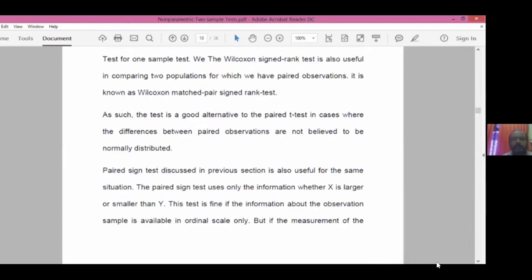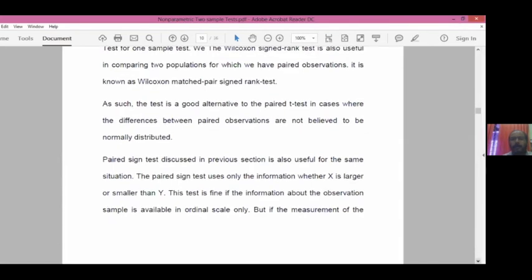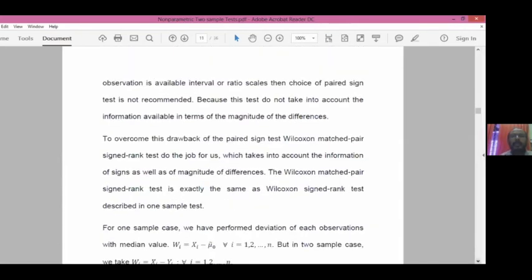The paired sign test uses only the information whether x is larger or smaller than y. This test is fine if the information about the sample observations is available in ordinal scale only. But if the observation is available in interval or ratio scale, then the choice of the paired sign test is not recommended, because this test does not take into account the information available in the magnitude of the difference.